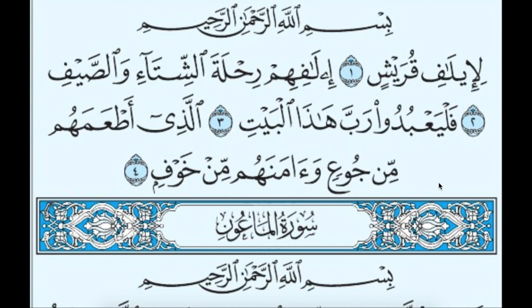So again, here you have what are the favors? The ilaf. The ilaf is not favors, but ilaf is to bring someone closer. So to bring them closer, to make them realize that they have so many blessings, is that Allah made their trade successful. He gave them two avenues of trade.